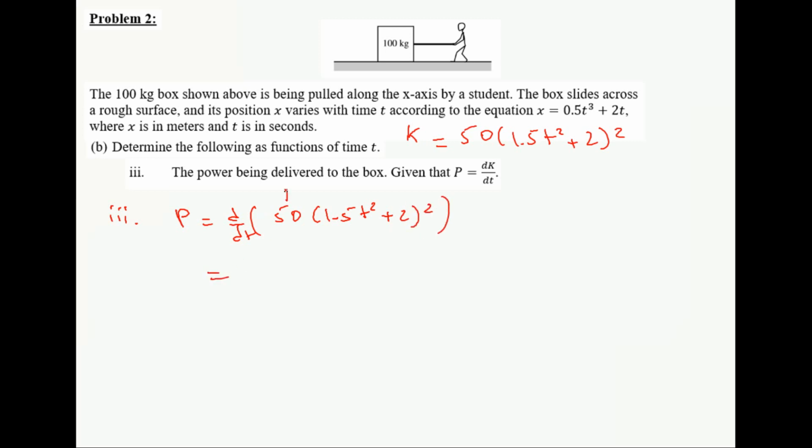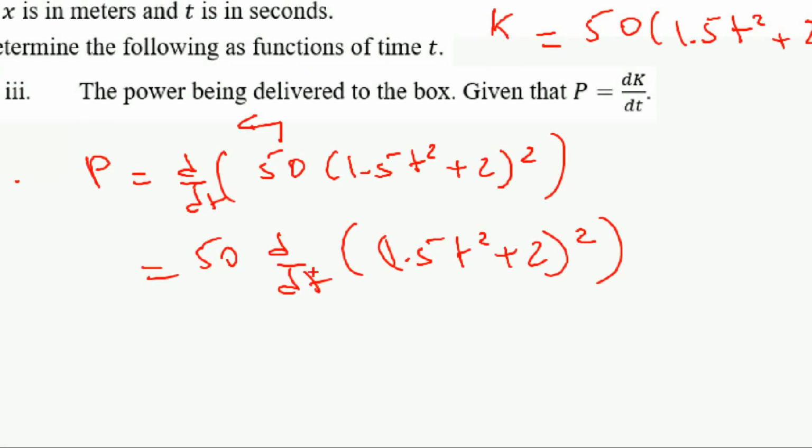So we can drag the 50 out. That would be 50 d by dt of 1.5 t square plus 2, all of that to the power of 2. And here we need to be very careful because we're deriving a composite of two functions. We have the quadratic function and the power function.